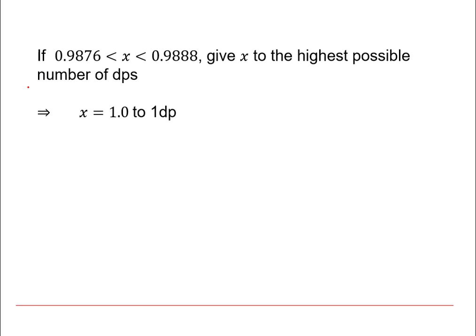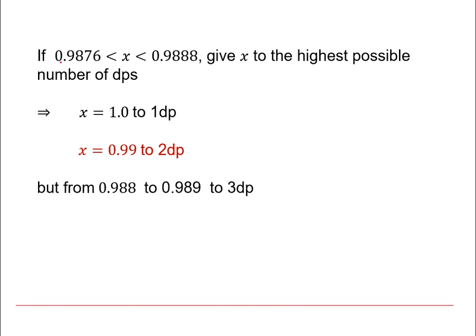So we can certainly quote x as being that value to one decimal place. But it's also true that 0.9876 rounds to 0.99 to two decimal places, as does 0.9888. So we can do better than one decimal place and say that little x is 0.99 to two decimal places.